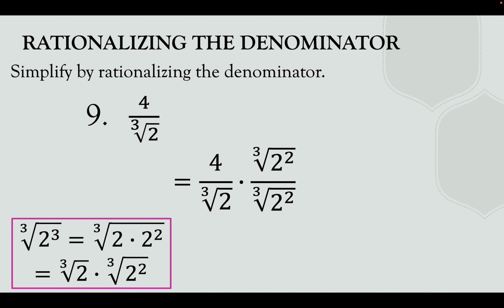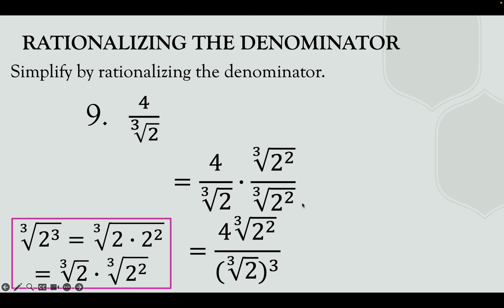So we have now 4 over cube root of 2 times cube root of 2 raised to 2 over cube root of 2 raised to 2. Now we simplify this one, direct multiplication. 4 times cube root of 2 raised to 2, we have 4 cube root of 4. And then cube root of 2 times cube root of 2 raised to 2, we just need to add the exponents, 2 plus 1.